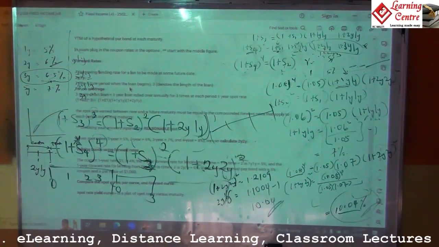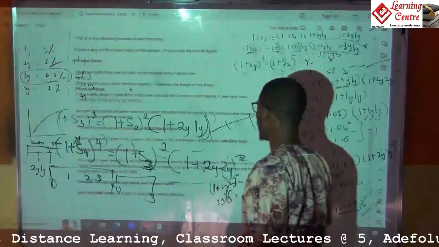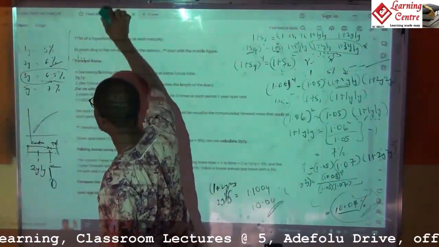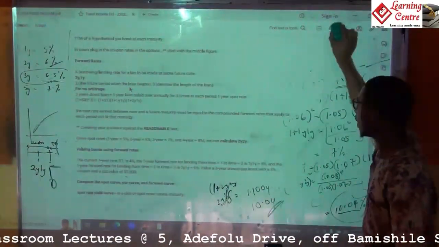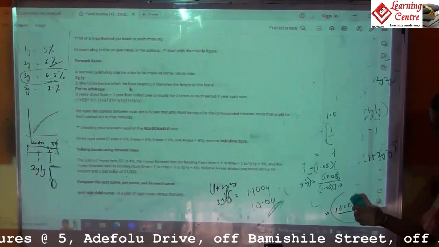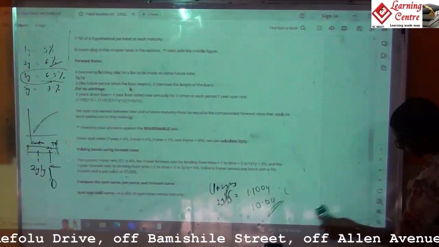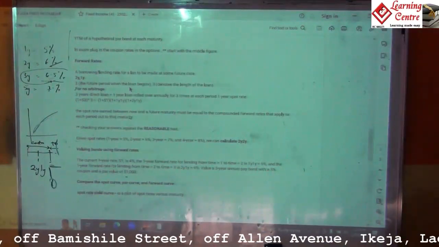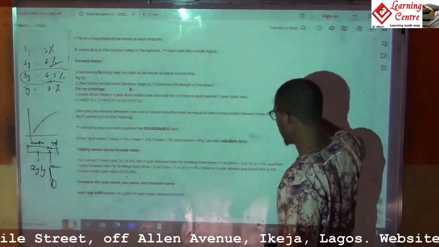Let's quickly do two things. We are already used to doing flat pricing for bonds in our bond pricing. There is also an extension of that, which is no-arbitrage pricing of bonds. All this while we've been pricing our bonds using yield to maturity.